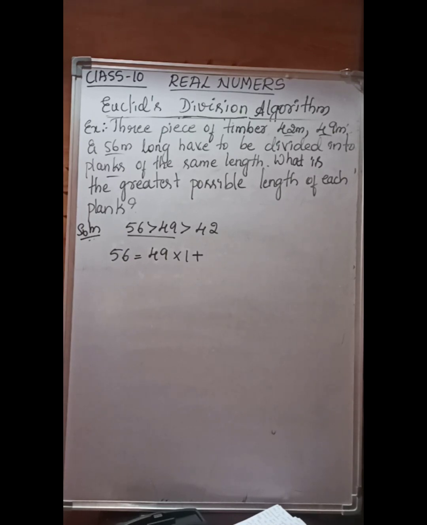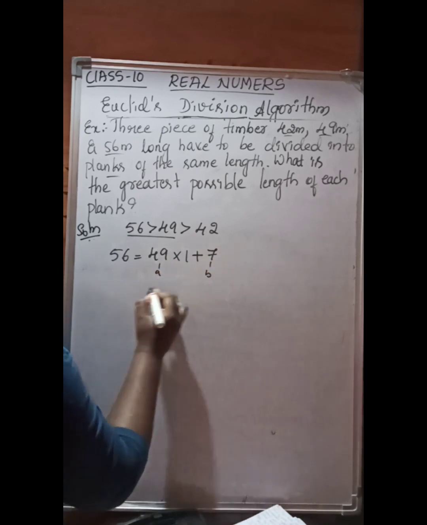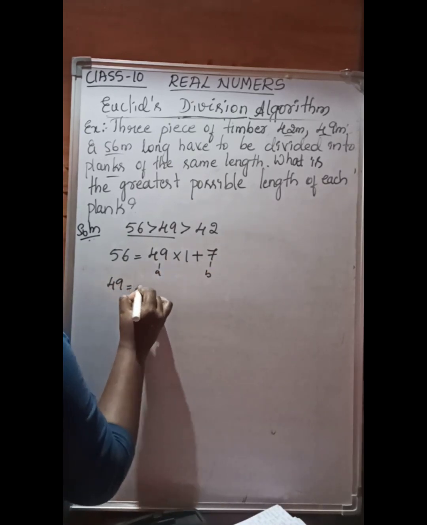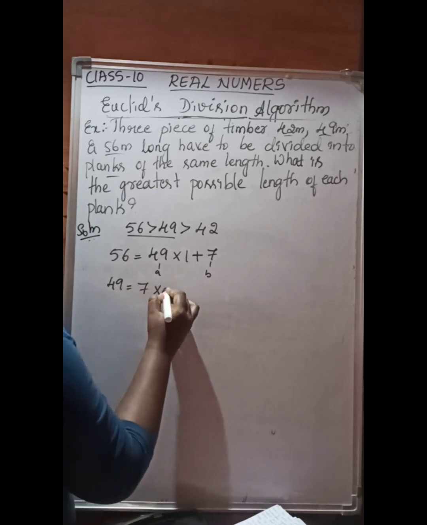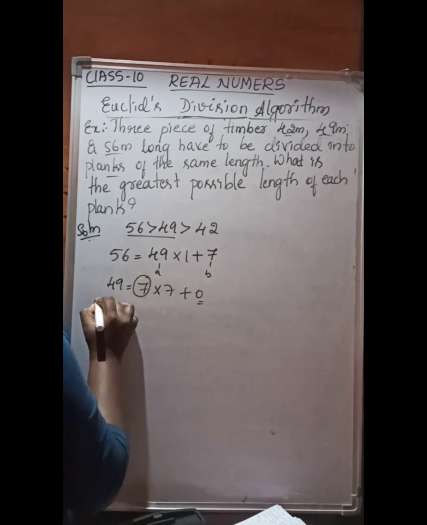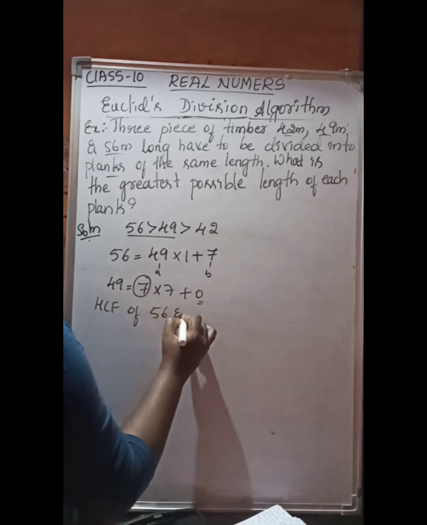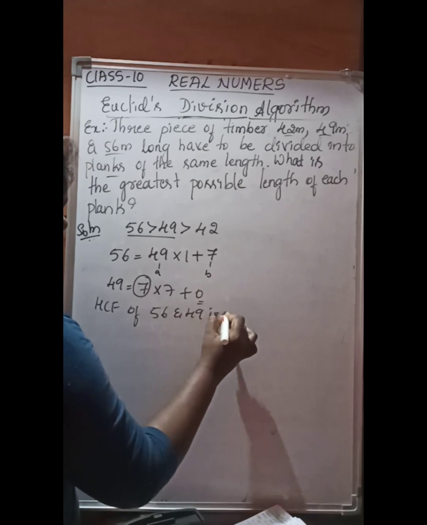The remainder will be 7. Now consider 49 as A and 7 as B. 7 sevens are 49. Remainder is 0. So the HCF of 56 and 49 is 7.